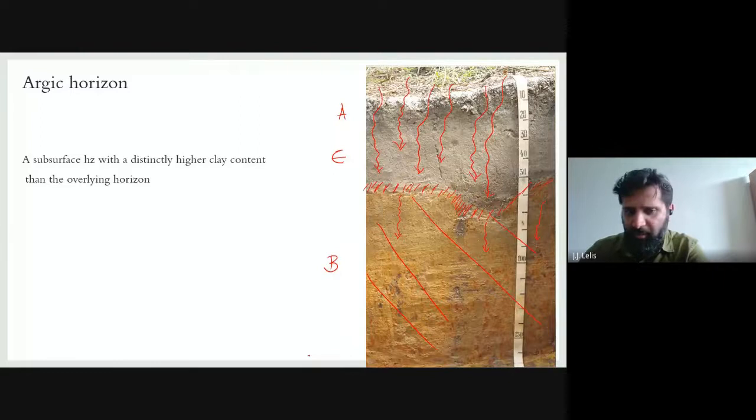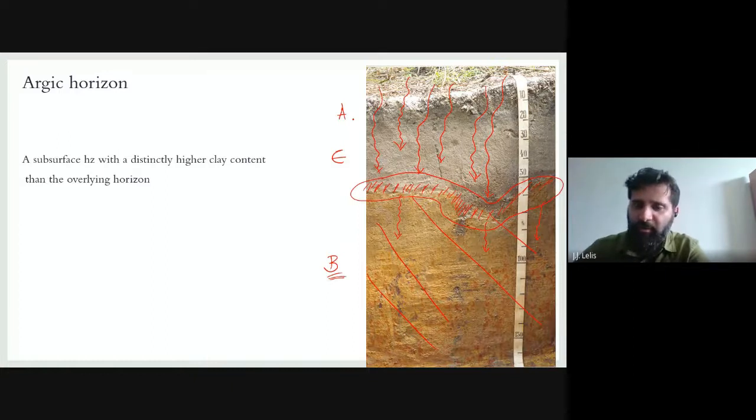The water table is very deep, like 1 or 2 meters below this, but we have the accumulation of water because the porosity of this horizon is very low, and the penetration of water is slower than in these two horizons.